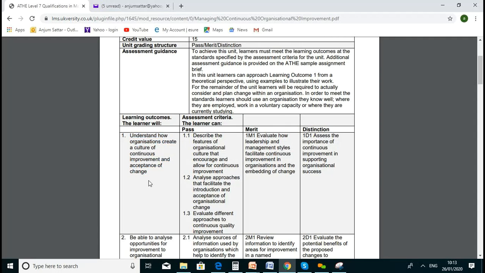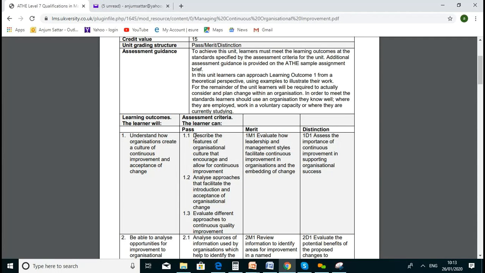For this unit, the first learning outcome is to understand how organizations create a culture, how we can create a culture in our organization, improvement and acceptance of change. So how people can accept the change, why is change important? All our discussion will be focused on this today.